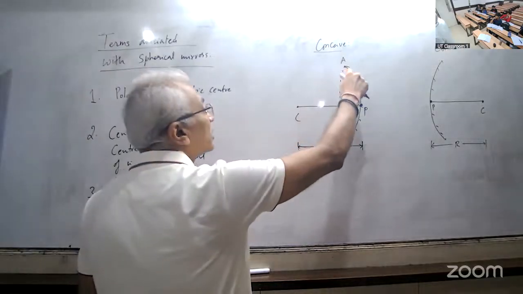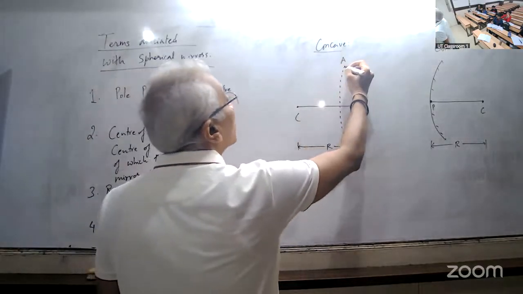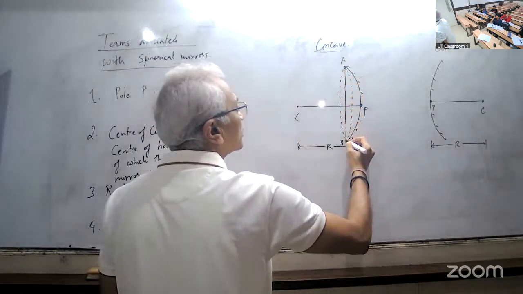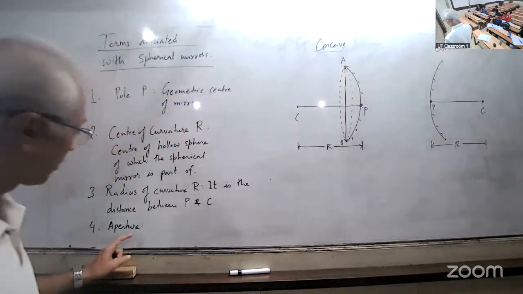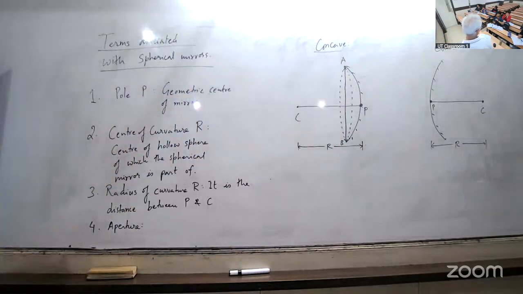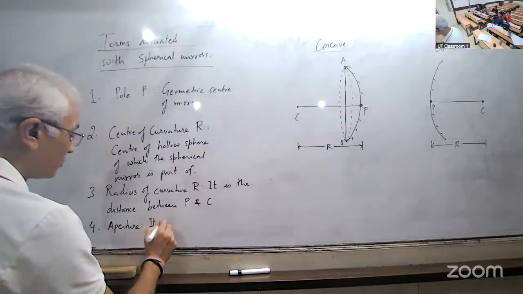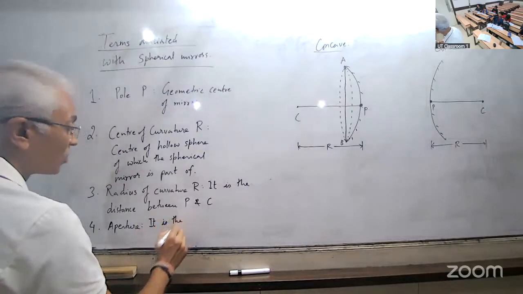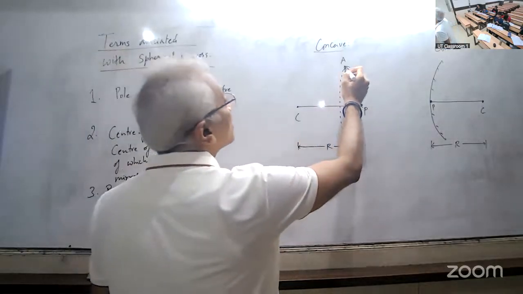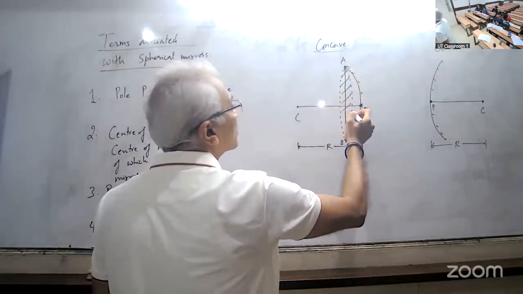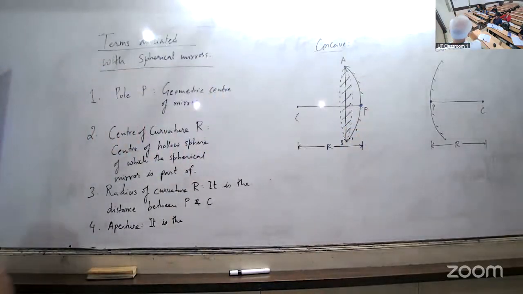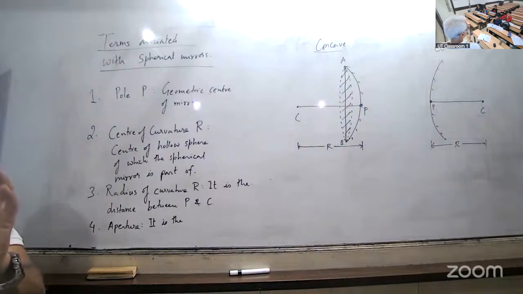So this circular edge, the diameter of this, is the aperture, AB. It is the diameter of the circular edge of the mirror. This plane area is the aperture.